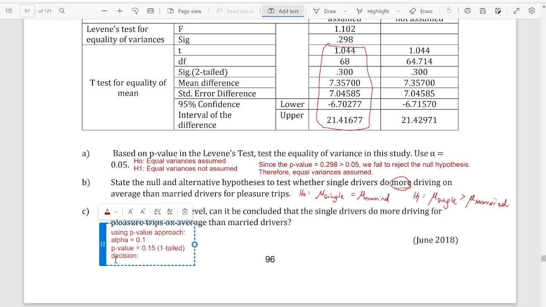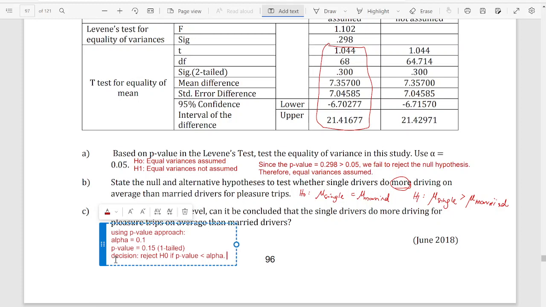Okay, so di sini dia punya decision is that you reject H naught if p-value is less than alpha. Okay, p-value is less than alpha. So this is your decision, right?